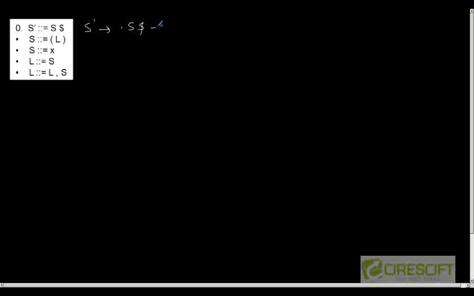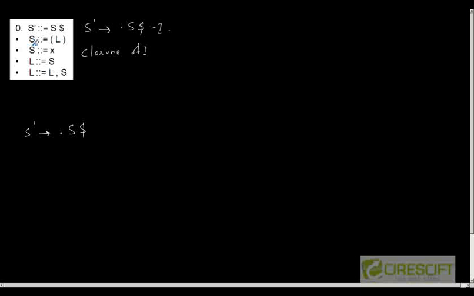That is my I, and the first state or the starting state of the DFA will correspond to closure of I. So what will be my closure of I? First, every item of I will be in closure of I, so it will be S' → .S$.